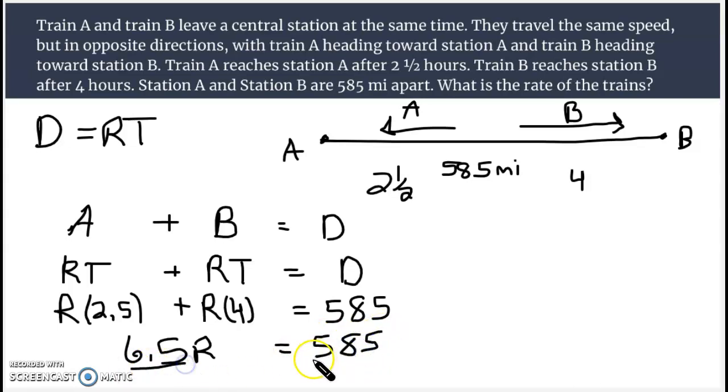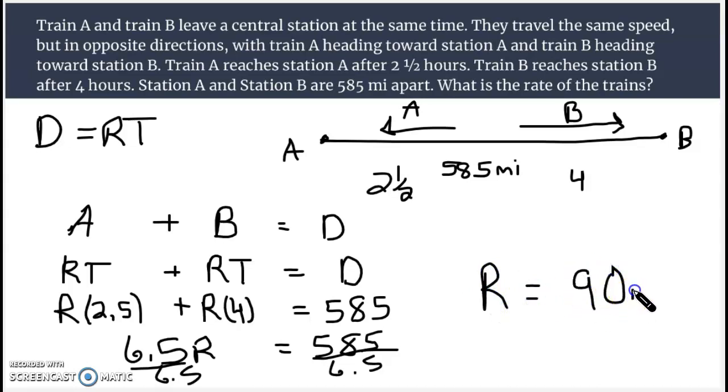To solve for R, we can divide both sides by 6.5. And if you take 585 and divide it by 6.5, guess what? We get 90 miles an hour. Both trains were going 90 mph.